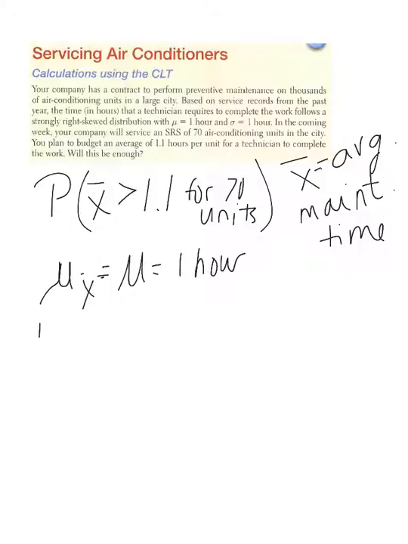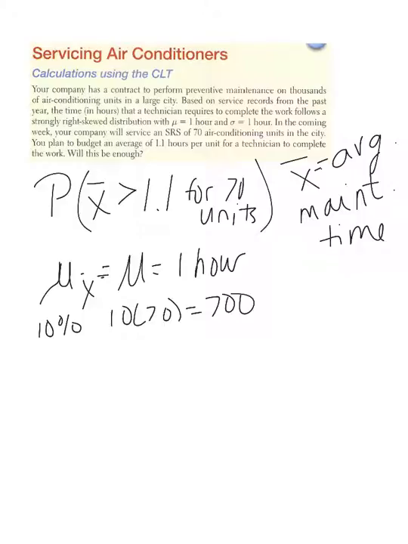Can I use my formula for standard deviation? Are my 10% conditions being met? So I'm servicing 70 air conditioners, which is equal to 700. Basically, I need a population of 700 or more air conditioners in the population.